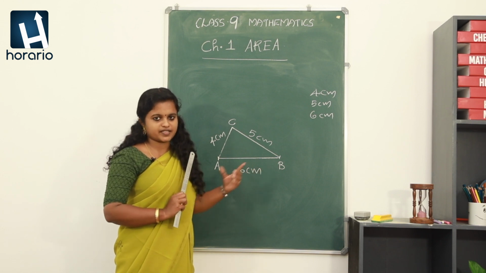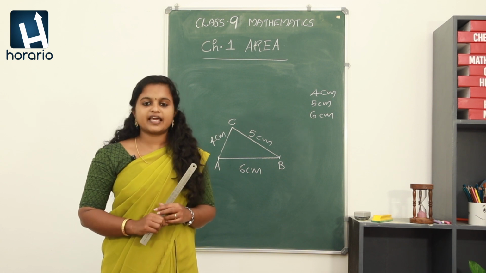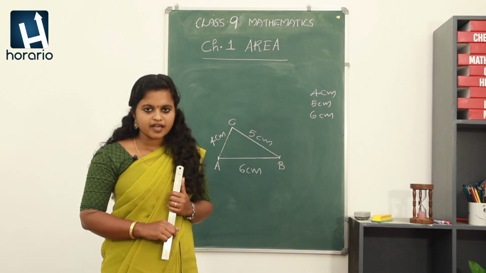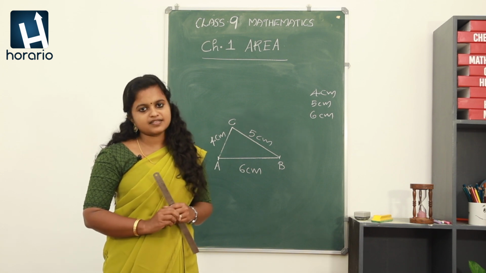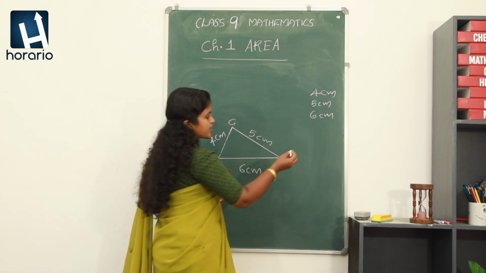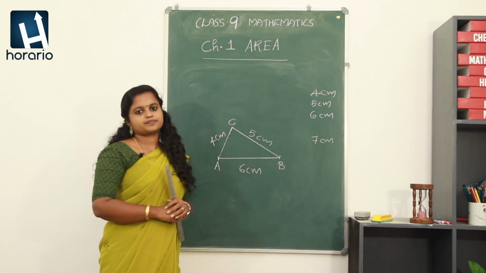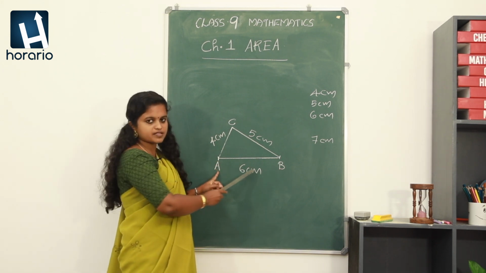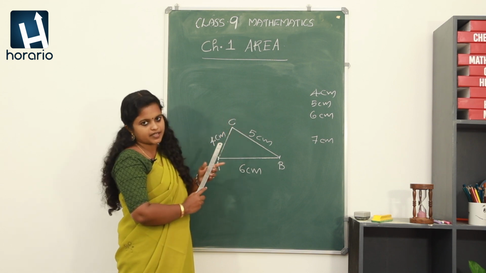AB should be fixed, and the triangle that you construct should have the same area as triangle ABC. And I am telling you one of the sides should be 7 cm. You are not supposed to change the base, so the only thing you can change is the vertex C.